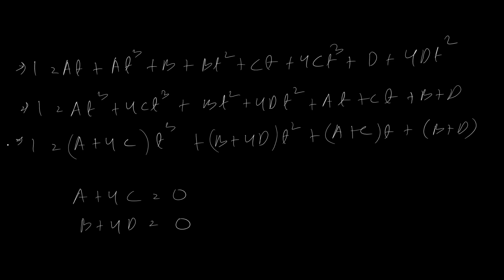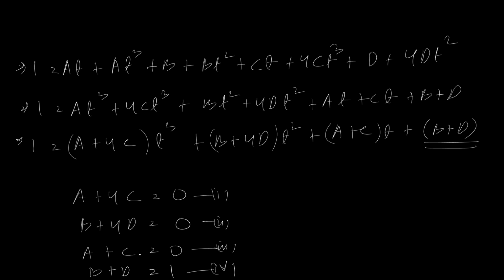For t there is no like term, a plus c is equal to 0. For this constant b plus d, it has a like term, this is 1. So therefore b plus d will be equal to 1. Now this is equation 1, this is equation 2, this is equation 3, and this is equation 4.